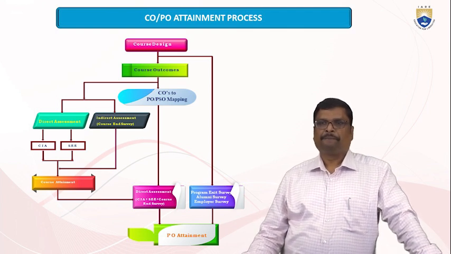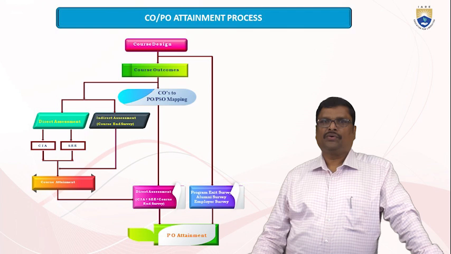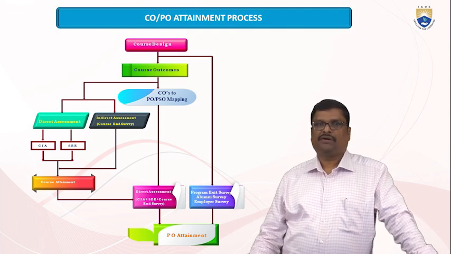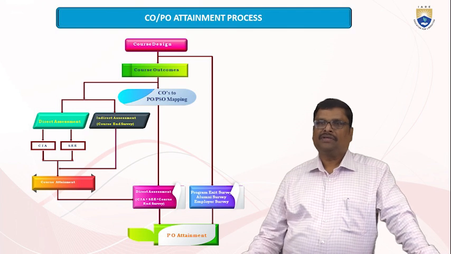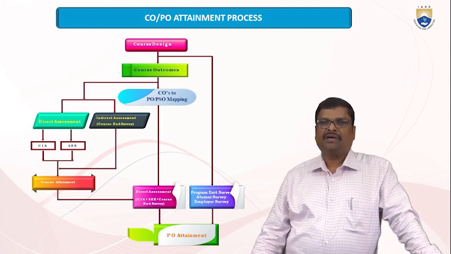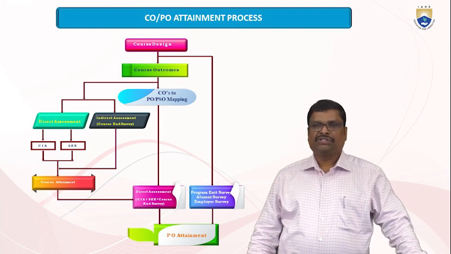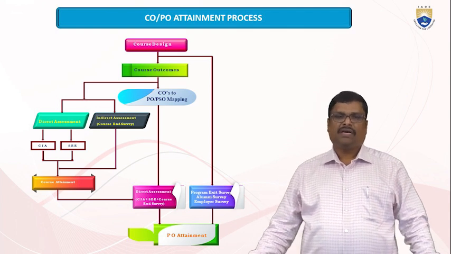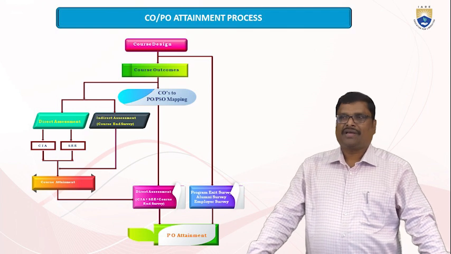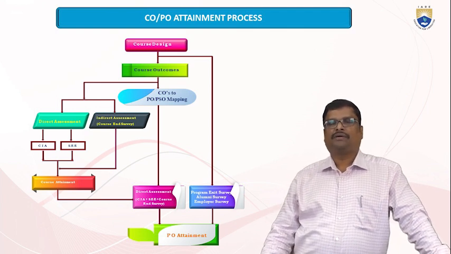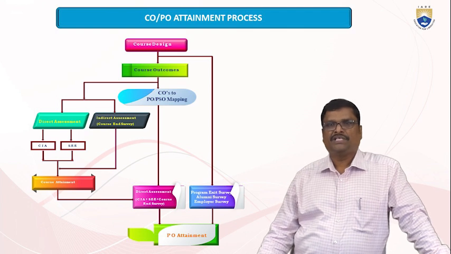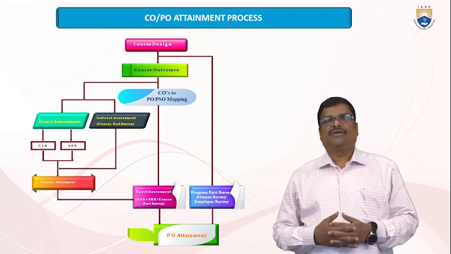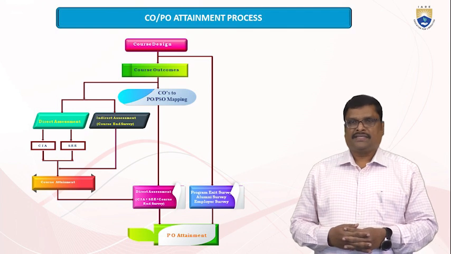For calculating the program outcomes and program specific outcomes attainments at the end of the program, we need to take the program exit survey, the alumni survey, and the employer survey. As per the IARE framework, for calculating course outcomes or program specific outcomes, we give 80% weightage to the direct assessment and 20% to the indirect assessment.